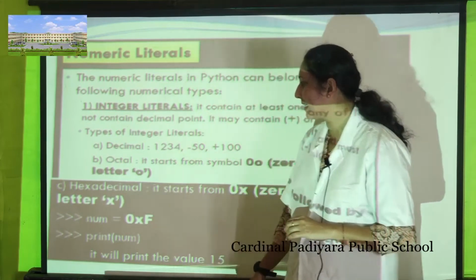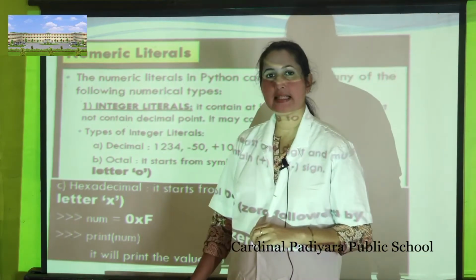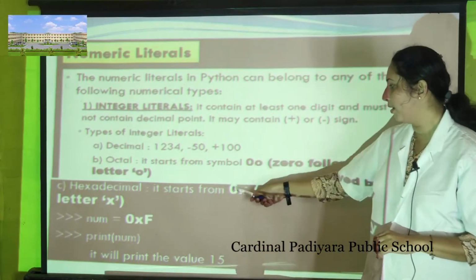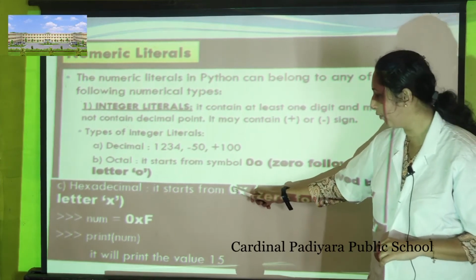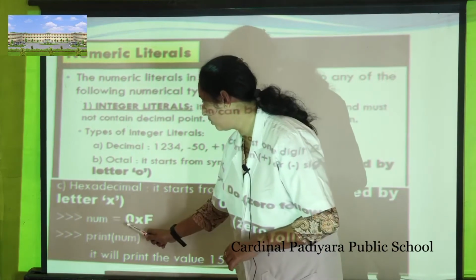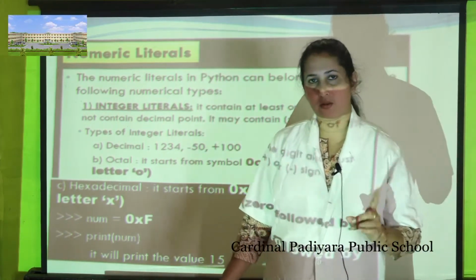Next is hexadecimal. Hexa means 16. So it starts with 0x. Here we can see that num is equal to 0xf, which means your digit starts from 0 to 9.